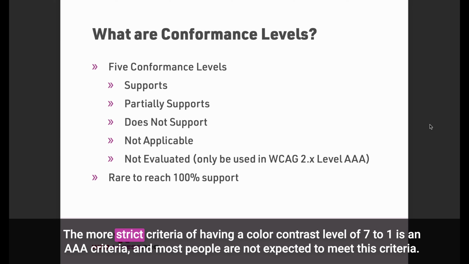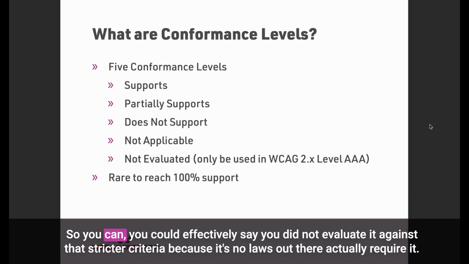The more strict criteria of having a color contrast level of 7 to 1 is an AAA criteria, and most people are not expected to meet this criteria. So you can effectively say you did not evaluate it against that stricter criteria because no laws out there actually require it.